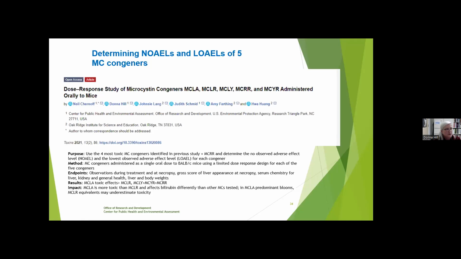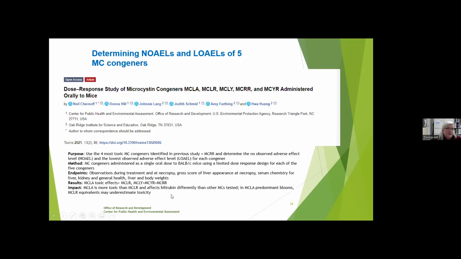So that's the NOEL and LOEL. And the order of toxicity was still the same. It was LA, LR, LY, and YR. And again, we continue to see the bilirubin differences.